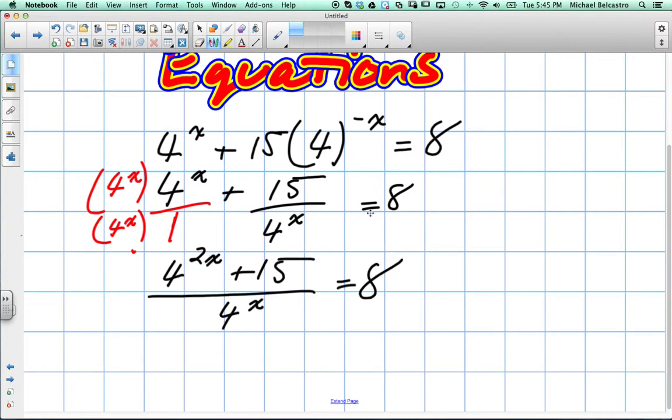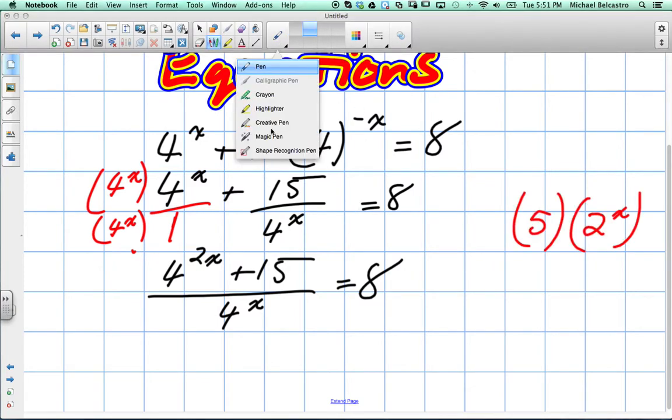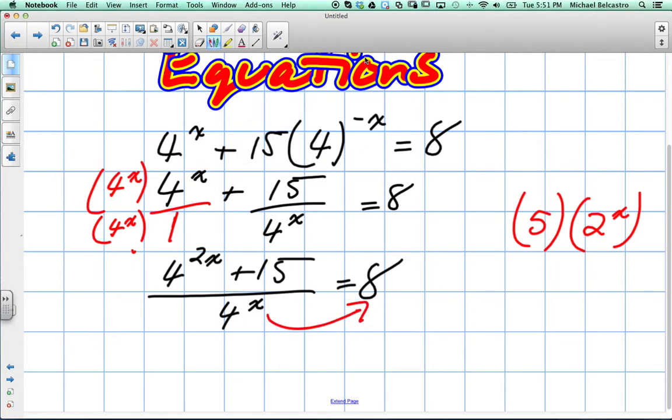Now, did this route help us at all? As of right now, it doesn't seem to be the most beneficial. Where can we go from here? Okay, from here what we're going to do is bring our 4^x over. I just wrote this in to generate an idea.